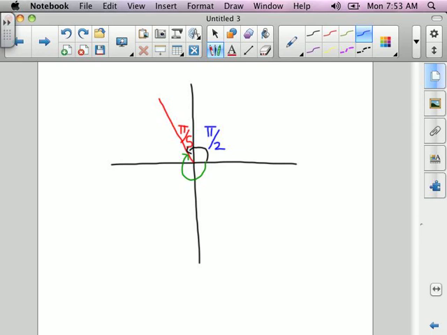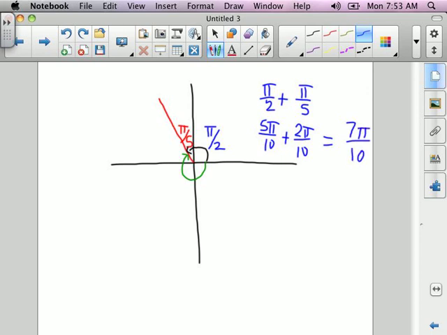I have the pi over 2 from this whole part, plus another pi over 5. So if I add those together, pi over 2 plus pi over 5, I'm going to end up with, let's see, a new common denominator of 10. That's going to be 5 pi over 10 plus 2 pi over 10. That black angle is going to be 7 pi over 10.